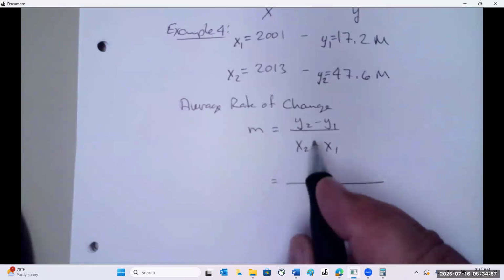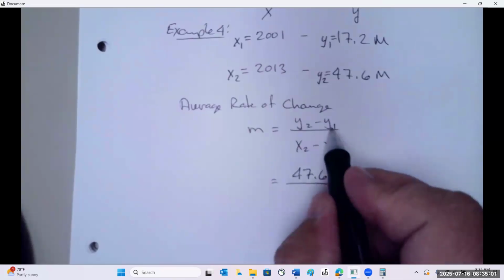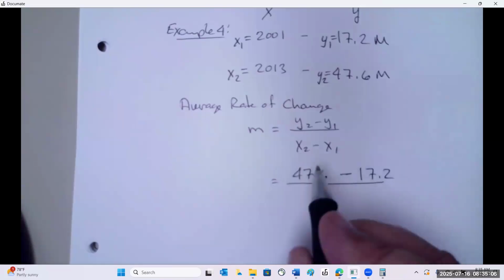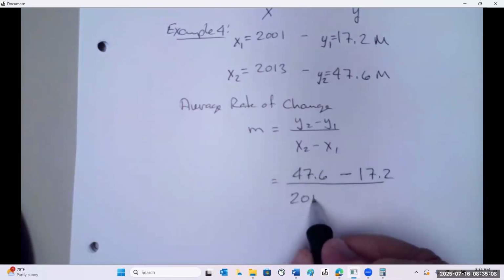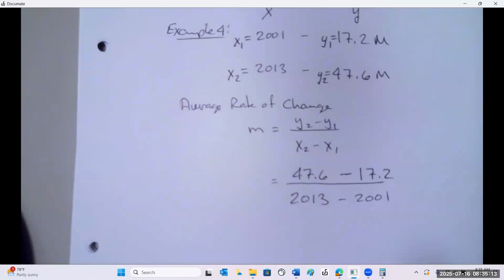So y2 is 47.6 minus y1, which is 17.2. x2 is 2013 minus x1 is 2001.